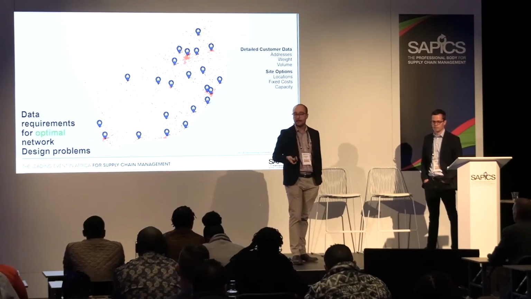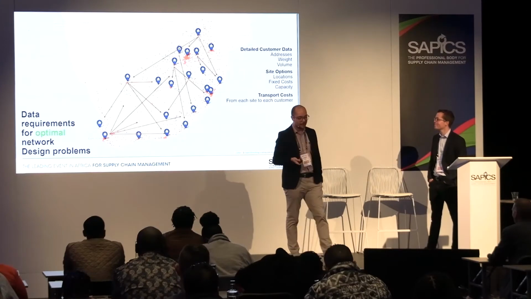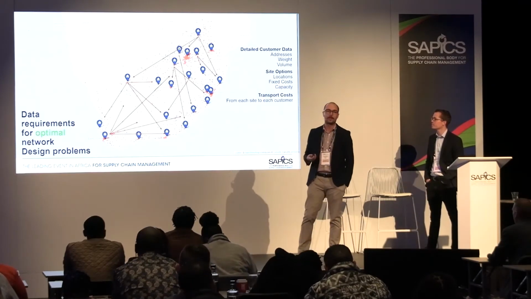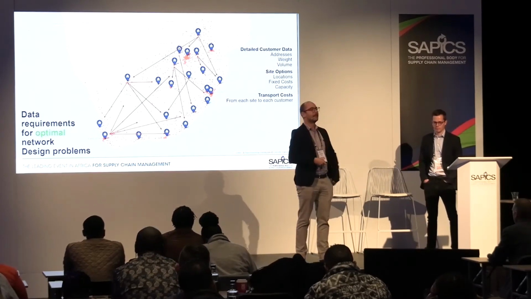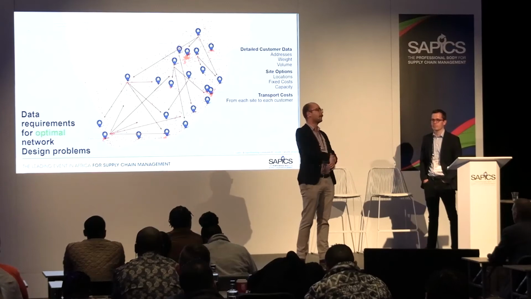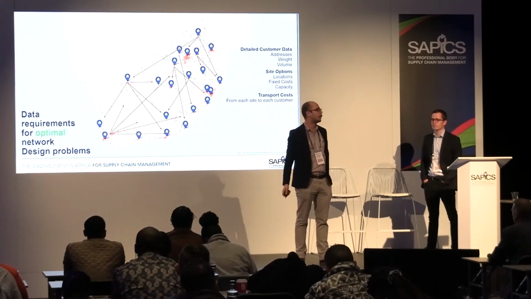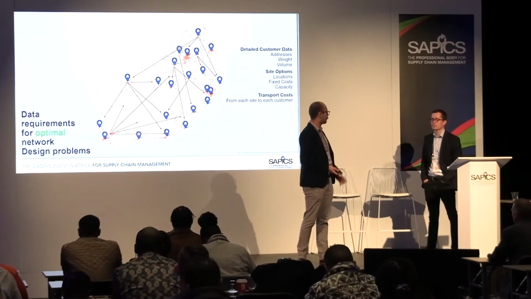Once you've done that, if you even get to this point, you now need to understand transport costs. And you need to understand transport costs from each potential location to all of your customers. You're sitting with a massive matrix. You might have 2,000 customers and 50 different site location options. It becomes computationally a big data source to gather.